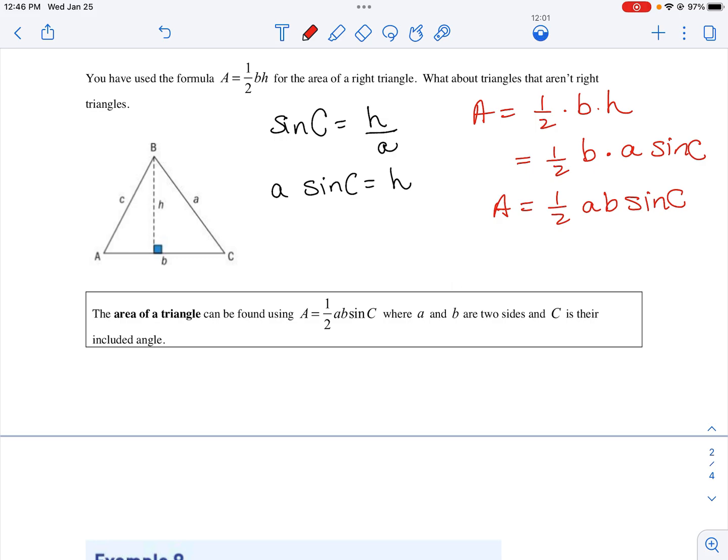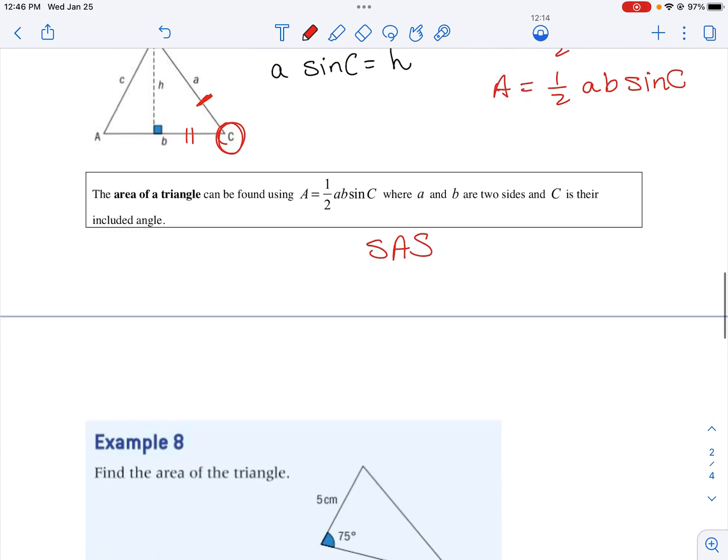It's A equals 1/2 ab times sine C, where here's angle C, and these are the included sides. Or we would say it's the side, angle, side condition.